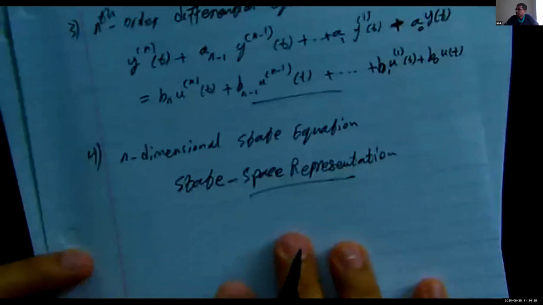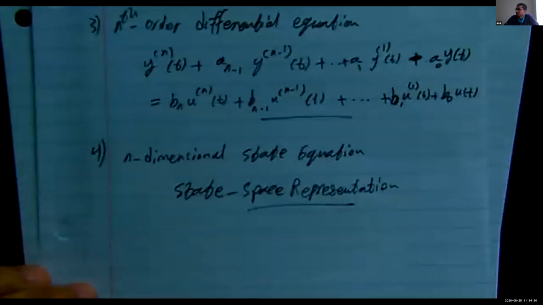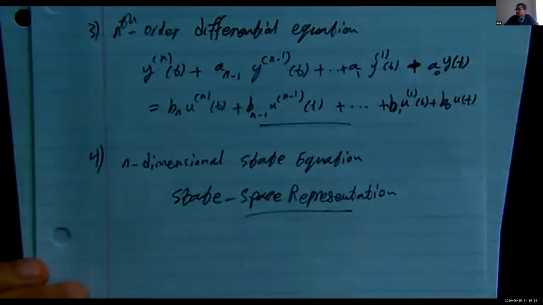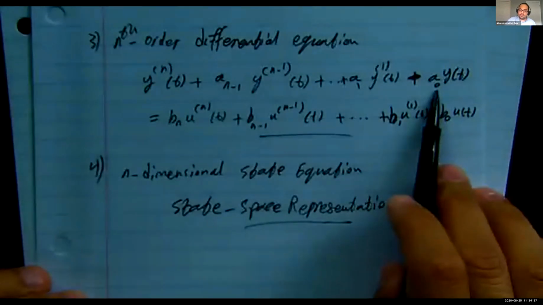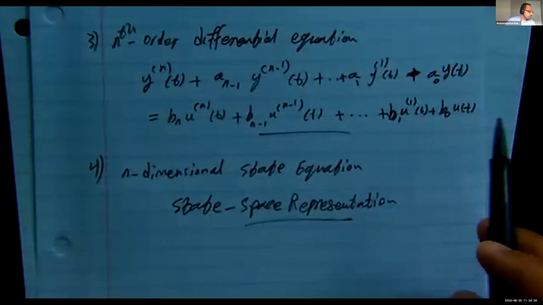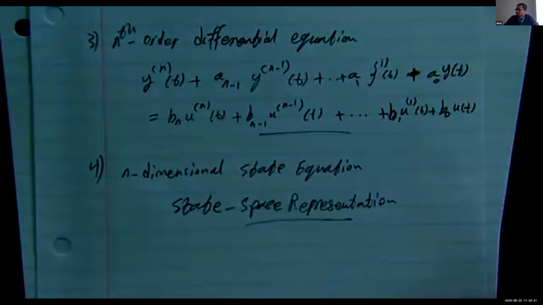Professor, I think in the differential equation, there will be only one constant term. You won't have that y of t. You mean here? Yeah. We already have the first order term for y of t.